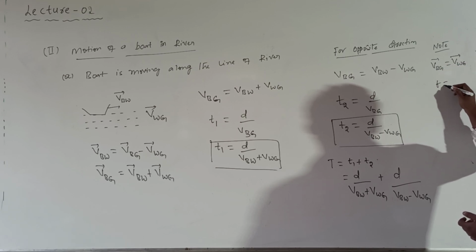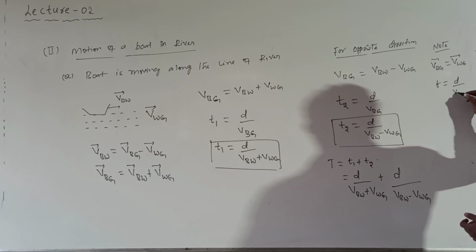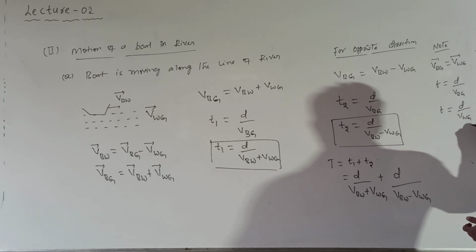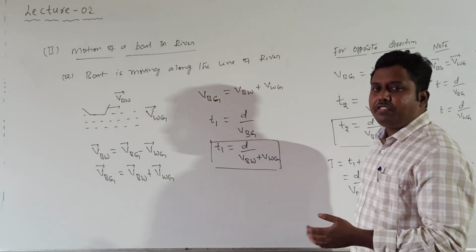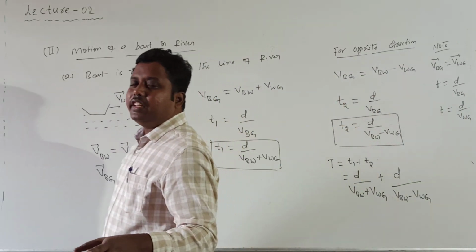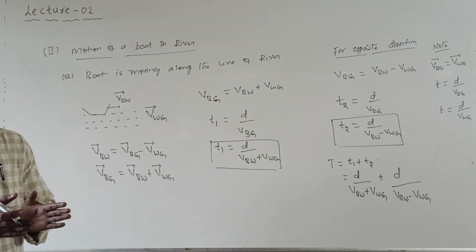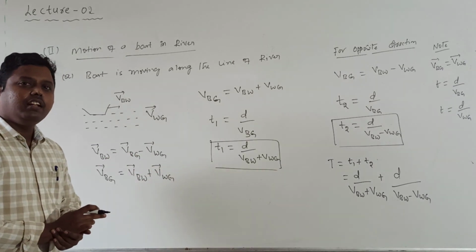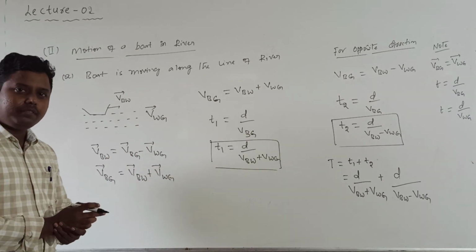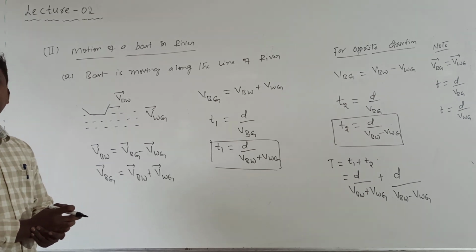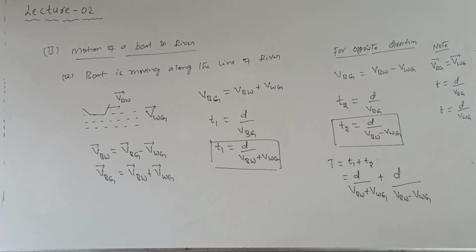The time taken is then time equal to distance divided by VBG, which can also be written as d divided by VWG. So if the engine of the boat is off, the boat will go with the velocity with which the water is flowing. That is the velocity of the boat.